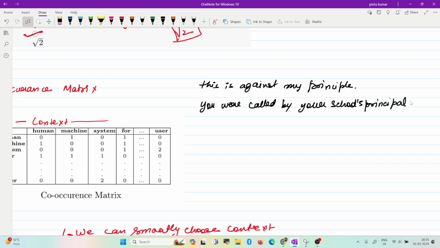Now there are two words in English which are pronounced almost similarly.